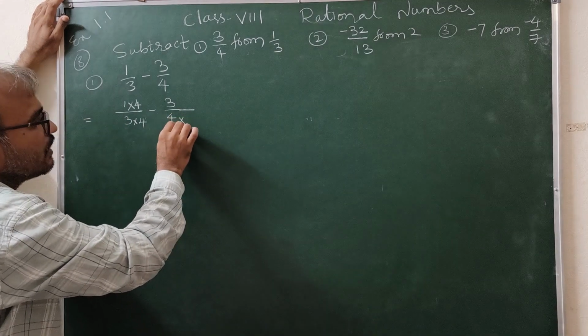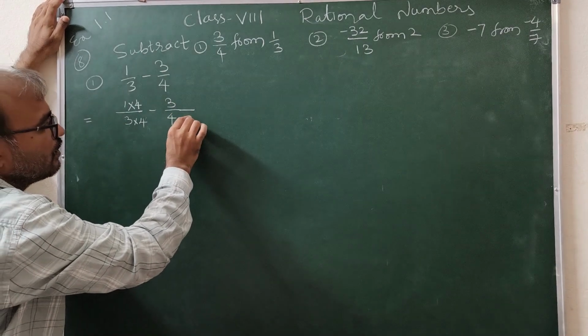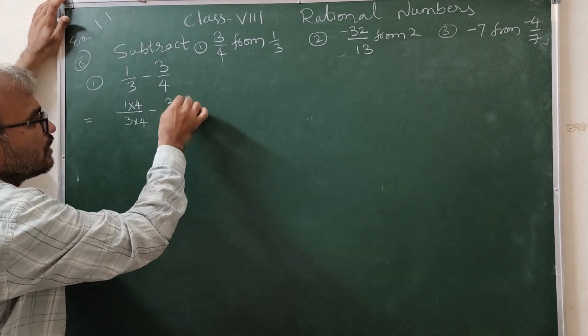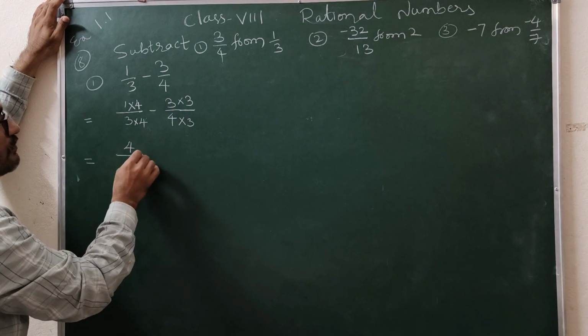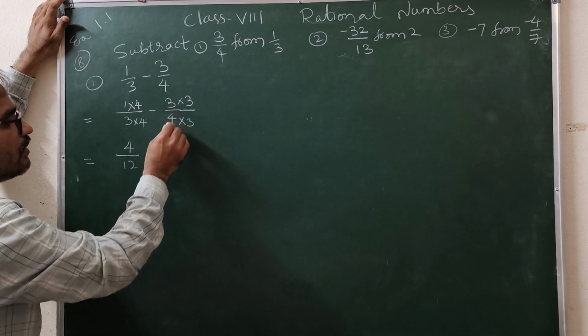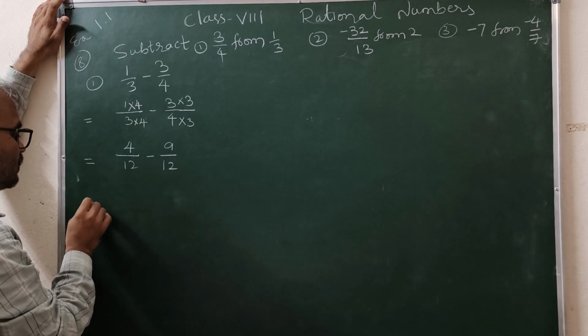Now here also we are calculating the equivalent fraction of 3 by 4 with denominator 12. Very simple. When you multiply the denominator, multiply the numerator also. 1 4's are 4, 3 4's are 12, minus. Right? 3 3's are 9, 4 3's are 12. Right?